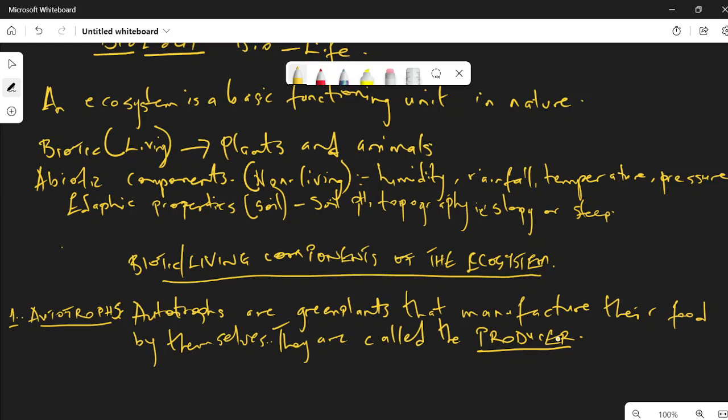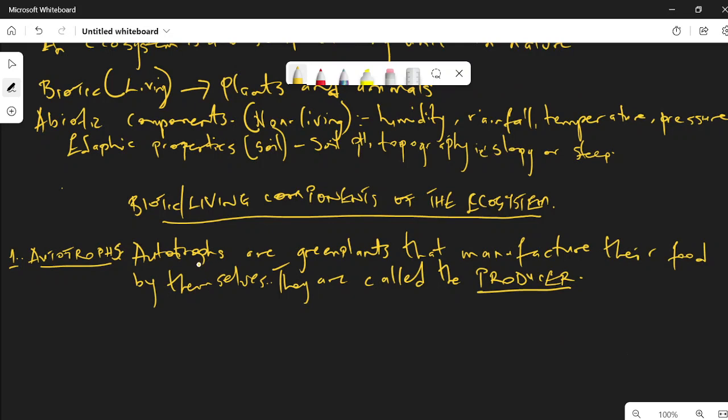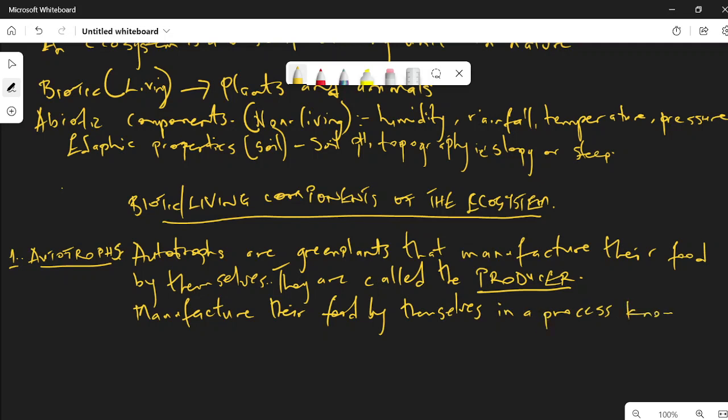So like I said, they manufacture their food by themselves in a process known as photosynthesis.